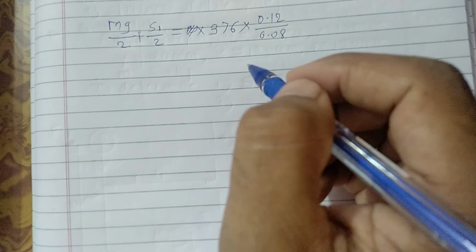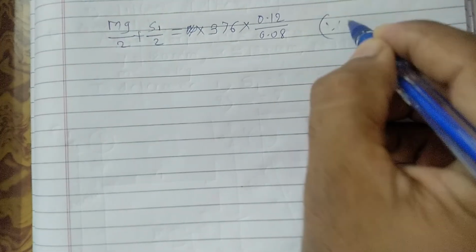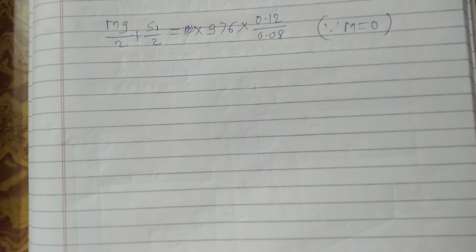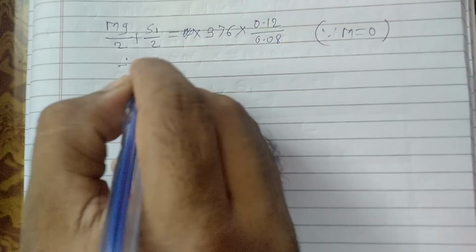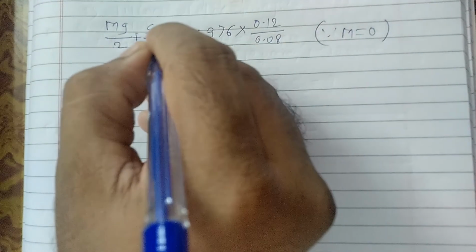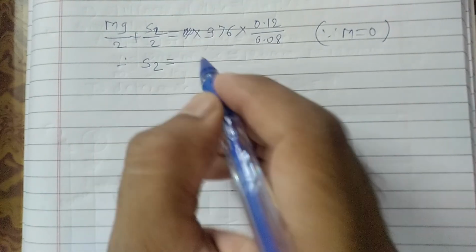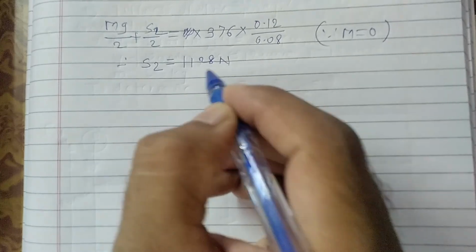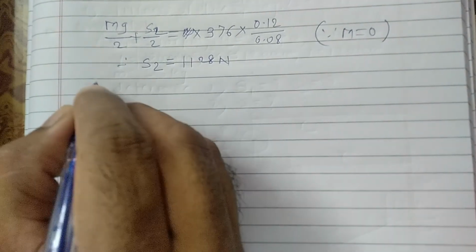Okay, so here you have to consider the central load as 0. Just consider the value of m equals 0 and simplify this for S2, not for S1. Here S2 is 1128 Newton.